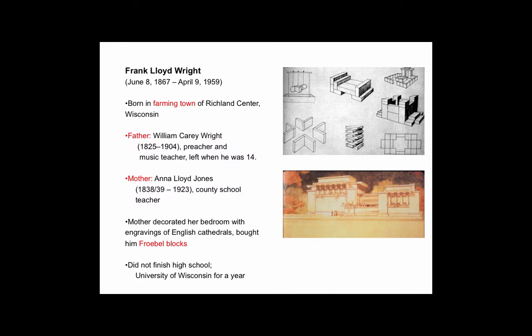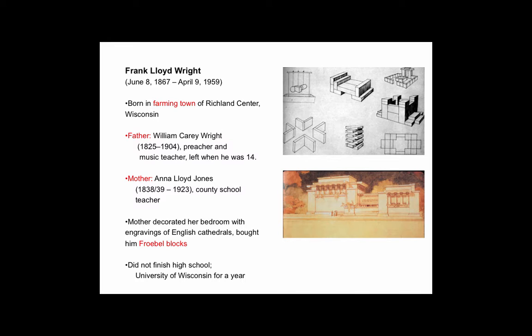He was born in a farming town in 1867, 2 years after the end of the Civil War. His father was an itinerant preacher and music teacher, never really could get his act together, and Frank Lloyd Wright's mother threw him out when Wright was 14. And so he was very much raised under the influence of his mother, although his father influenced him as well.